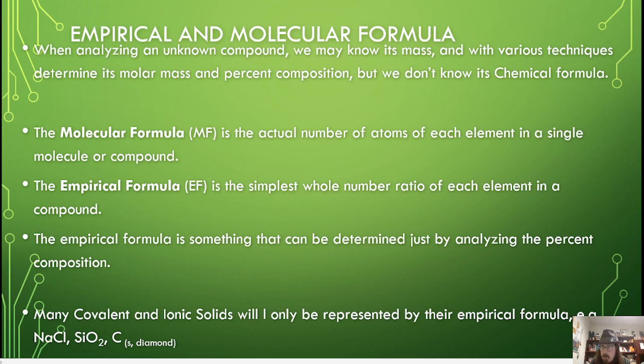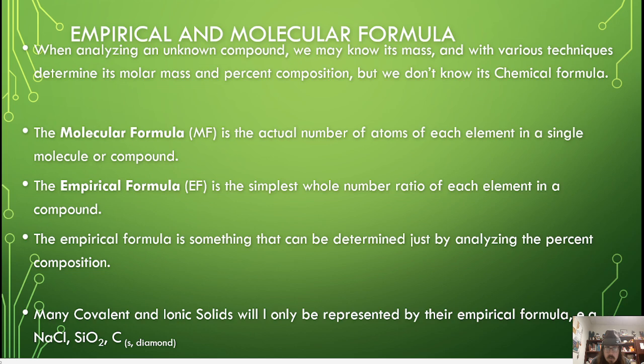If you say I have a cube that is made up entirely of sucrose, a simple sugar, that's going to be C12H24O11. It's going to be 12 carbons, 24 hydrogens, 11 oxygens.